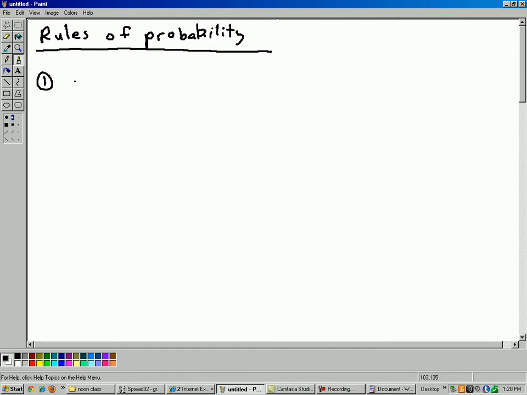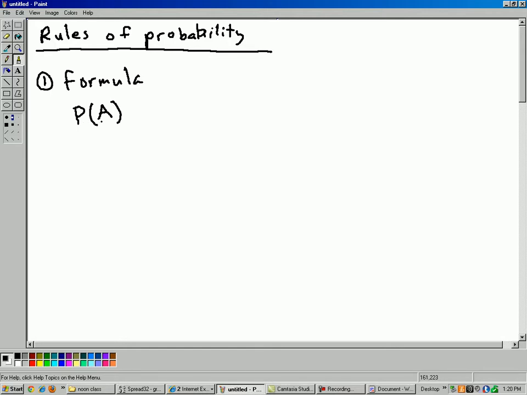The first rule is the basic formula for computing probabilities. The probability of some event happening, I'll just call it A. Usually, capital letters are used to indicate events.